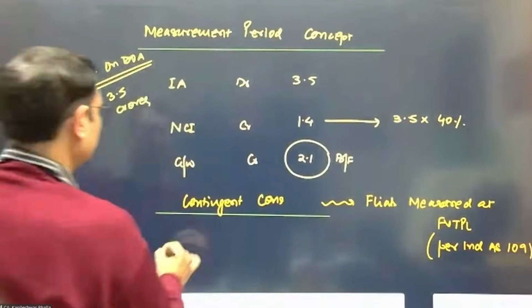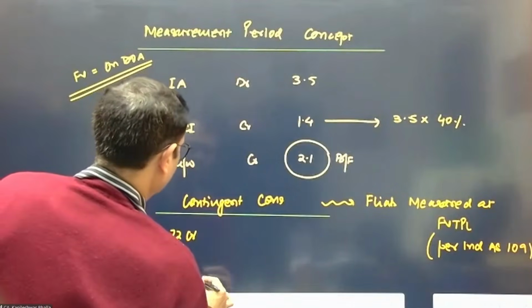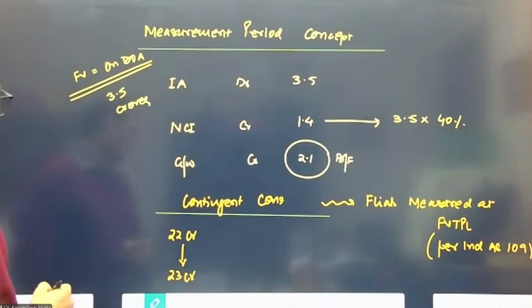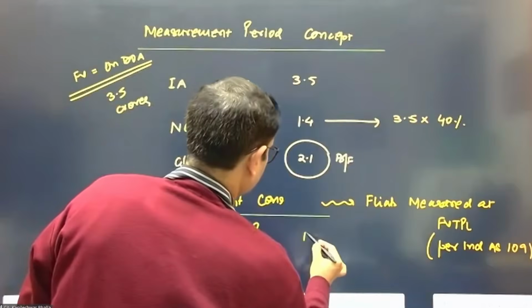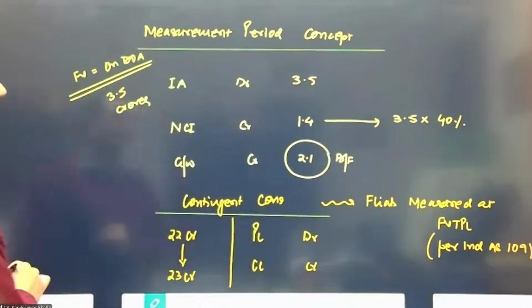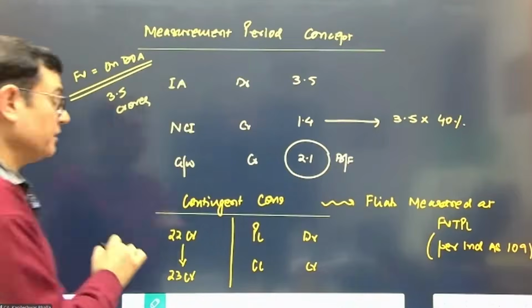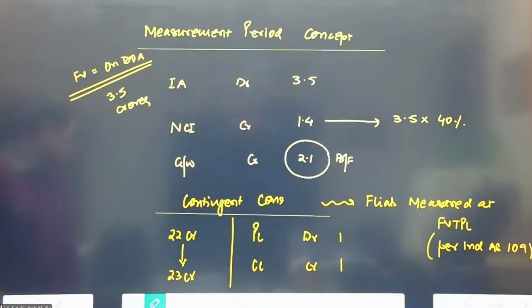The book value of this was 22 crores and then on the balance sheet date it became 23 crores. So P&L will get a debit. It's a loss, an increase in the contingent consideration, and that is 1 crore. I think this now answers all the requirements of the question.